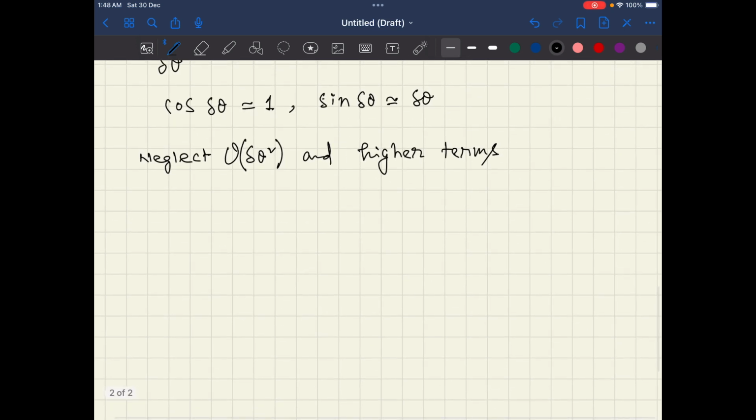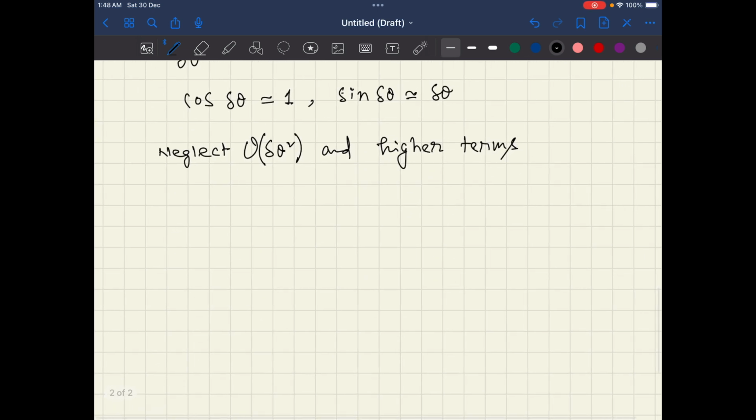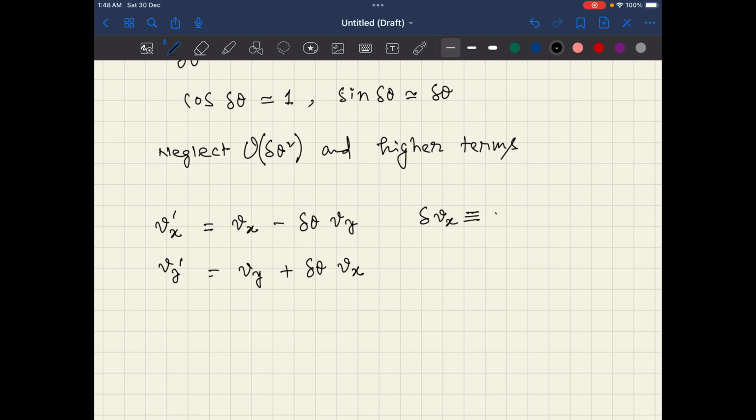So in that case we have Vx prime is Vx minus delta theta Vy, Vy prime is Vy plus delta theta Vx. Let us define delta Vx as Vx prime minus Vx, delta Vy as Vy prime minus Vy.